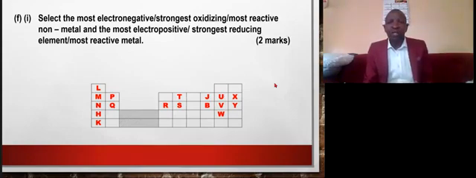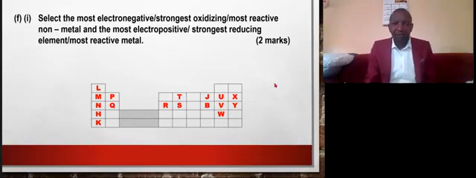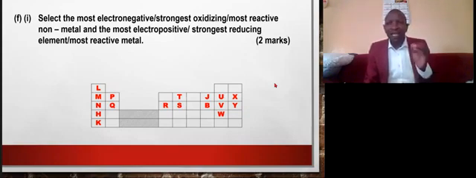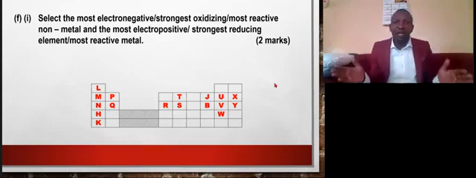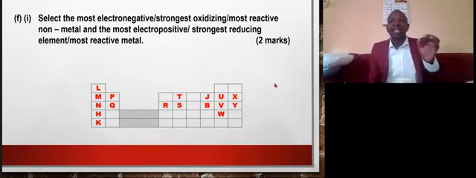So when you're trying to pick the stronger reducing agent, the most electropositive or the most reactive metal, you are looking at the metal that can easily lose electrons. And how do you know the metals with the highest tendency to lose electrons? That metal must have the largest atomic radius and the least number of electrons to be lost.